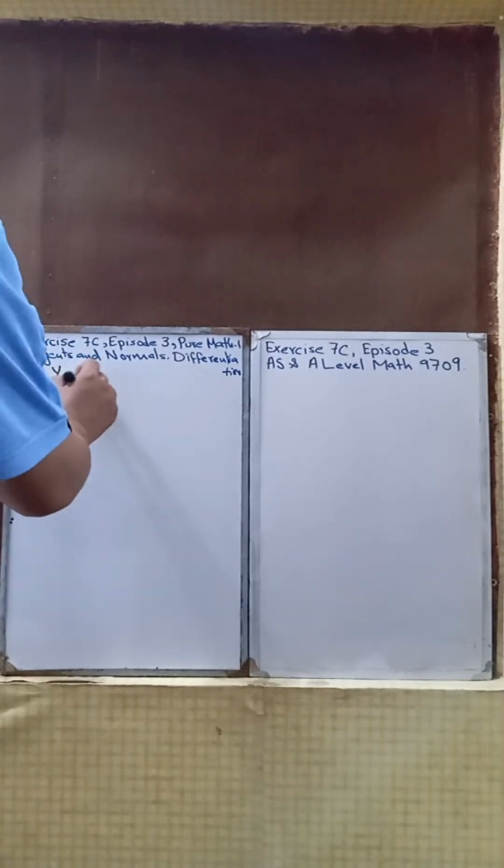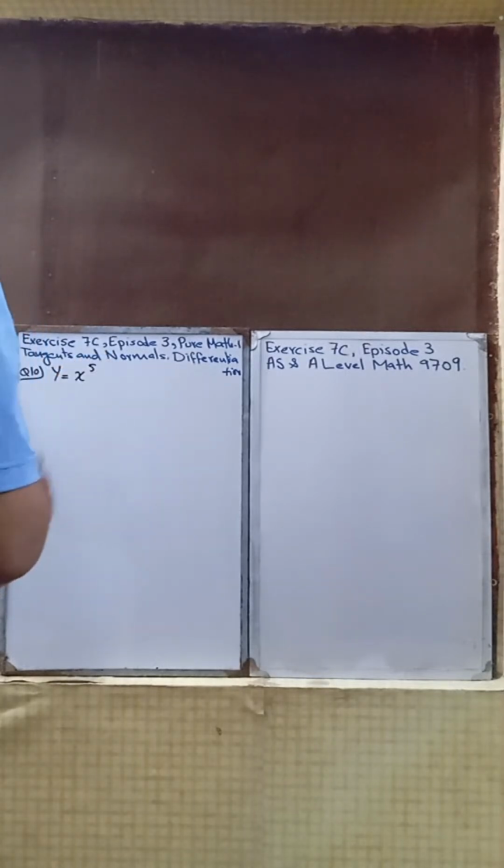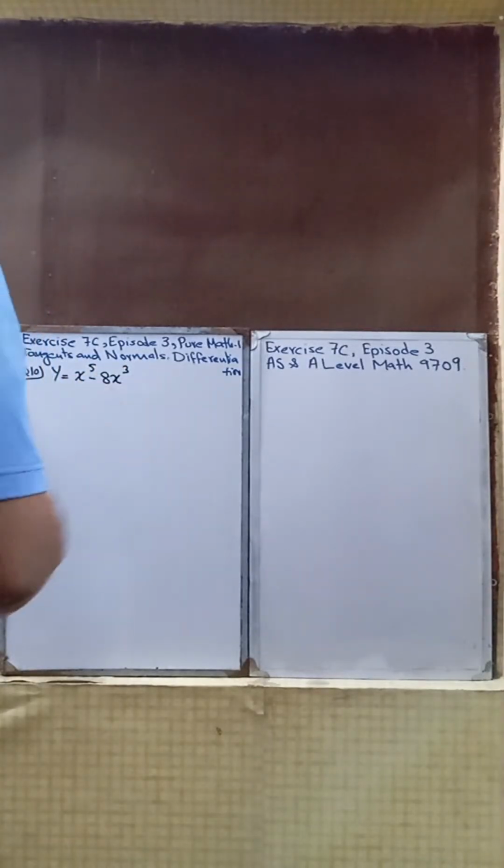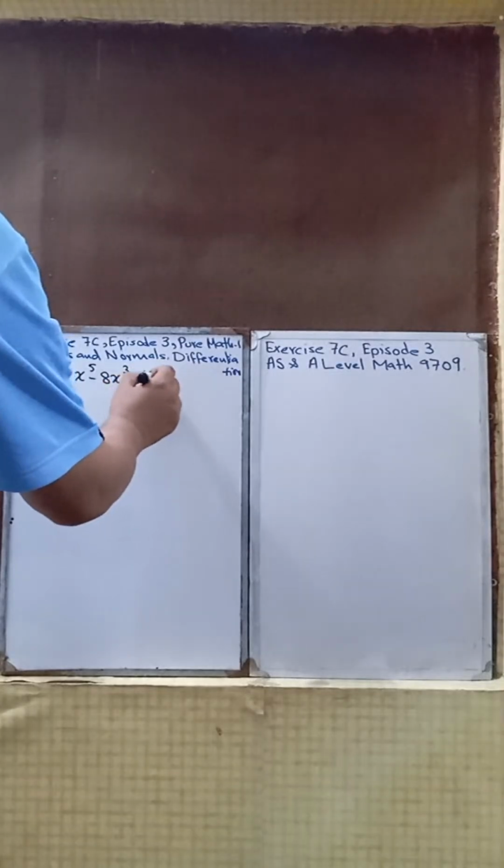So question number 10 is coming up on your screen. Here we have a curve, and the equation of the curve is y equals x raised to power 5 minus 8x cubed plus 16x.